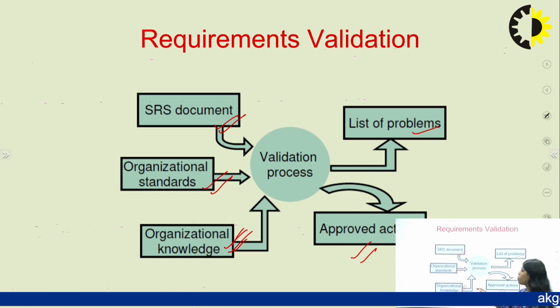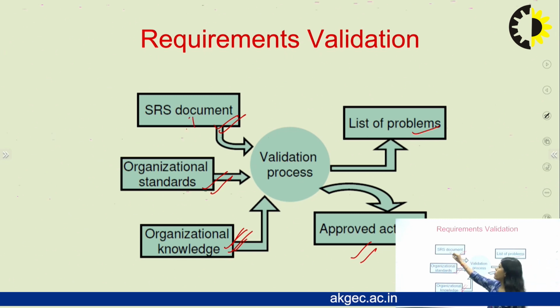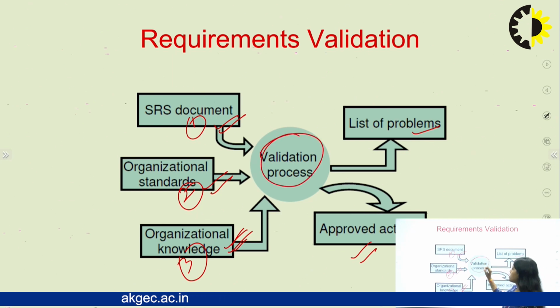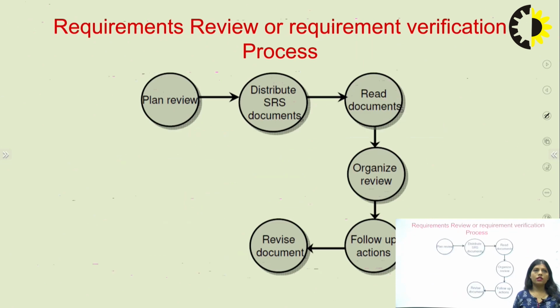We can also store all this information in the validation process, and after collecting these three, the SRS document, organizational standards and organizational knowledge, we can validate the process. After that, we can create a list of problems, and after the generation of the list of problems, they can generate the approved actions. So the problems are generated and the approved actions are also provided through the requirement validation process.